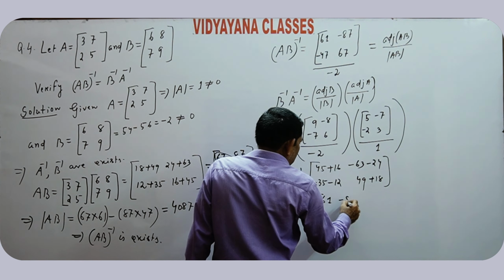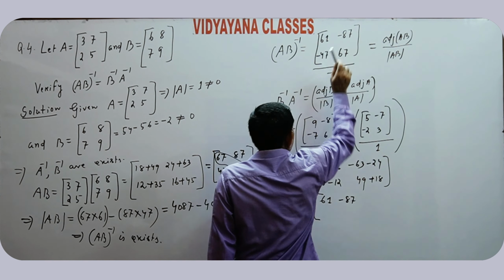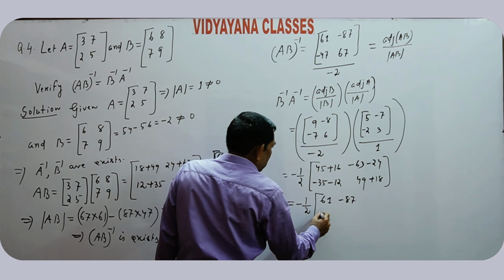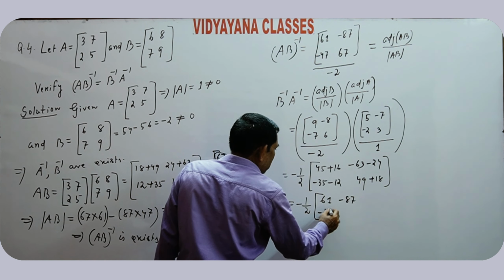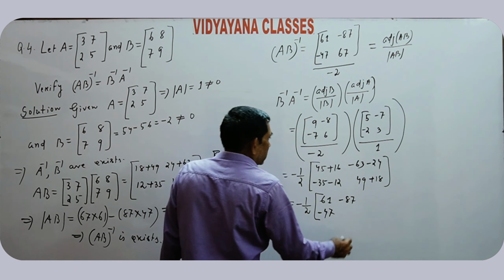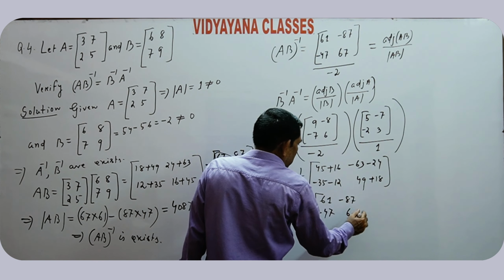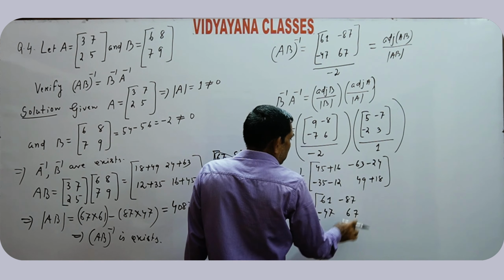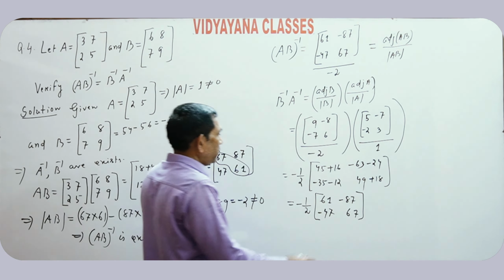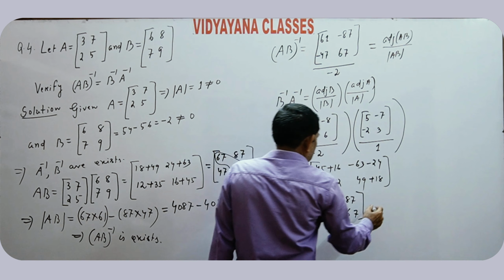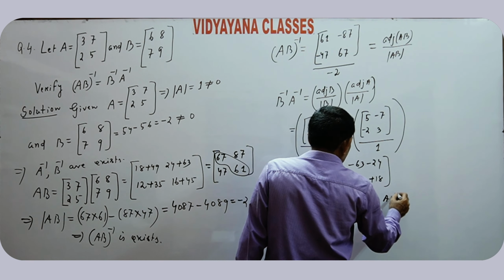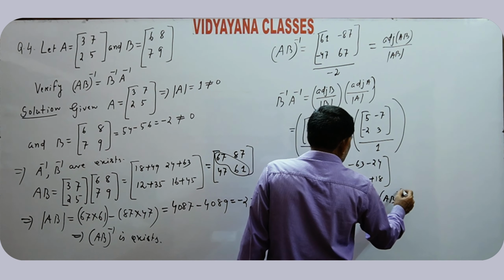Next, minus 87, then minus 47 and 67. Which is the same as this, equal to (AB) inverse.